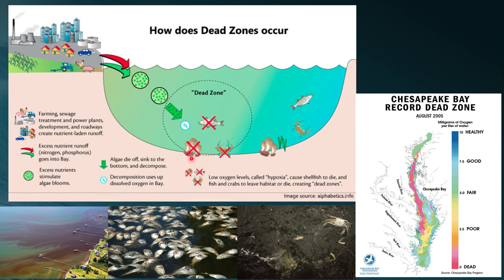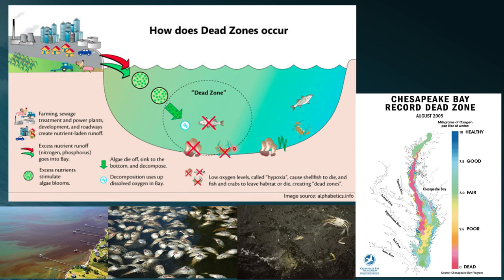Decomposers need oxygen, so they use up all of the oxygen in the area where the phytoplankton sinks. The phytoplankton dies, it sinks, the bacteria down here use all the oxygen, and so nothing else in this area has any oxygen to breathe. This is what we call hypoxia.